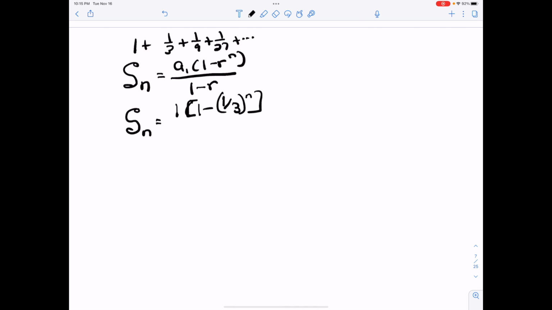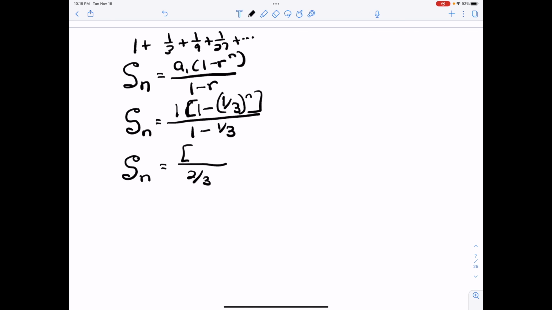Let me do brackets. But let's think about what's happening here. The 1 minus 1/3 on the bottom, that's no big deal. You end up with 2/3 there. Multiplying by 1 at top, that's not really a big deal either.